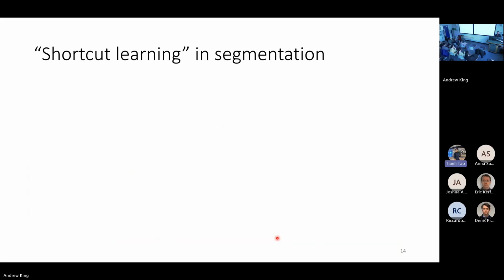And the final thing I wanted to talk about was shortcut learning and segmentation. I put that in quotes because I'm not convinced it's really the same thing. But we know bias can occur in classification models. Almost all work on shortcut learning is on classification models, but bias has also been observed in segmentation models.